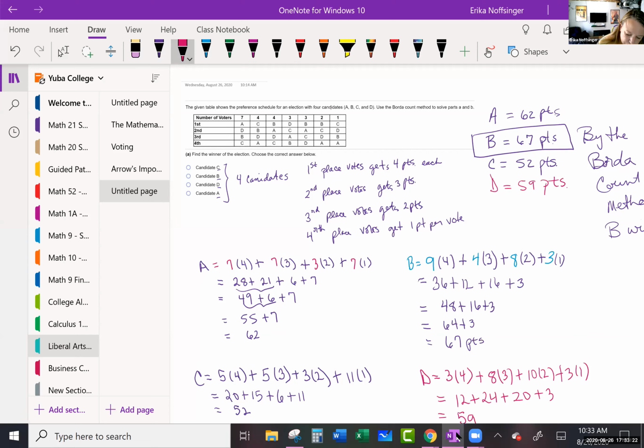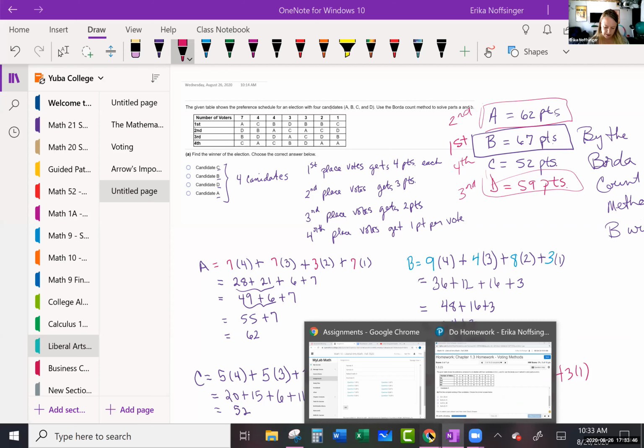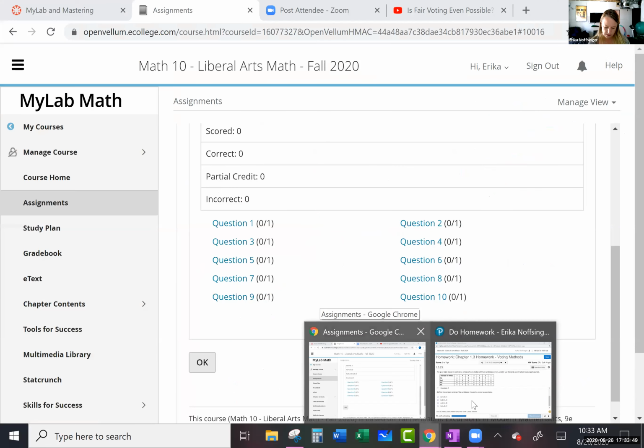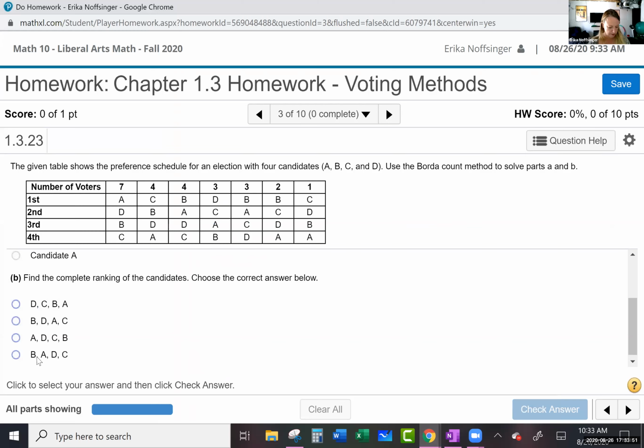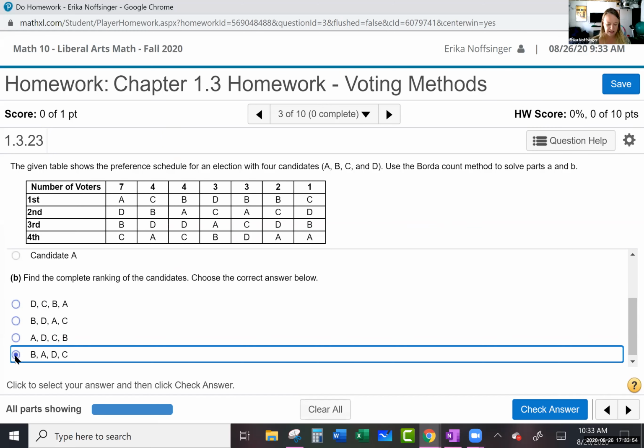For our ranking, the next person who gets the next highest number of points was A, so they should be second. D is third. And C would then be fourth. So B, A, D, C. Okay, so right here, this would be the ranking of our candidates.